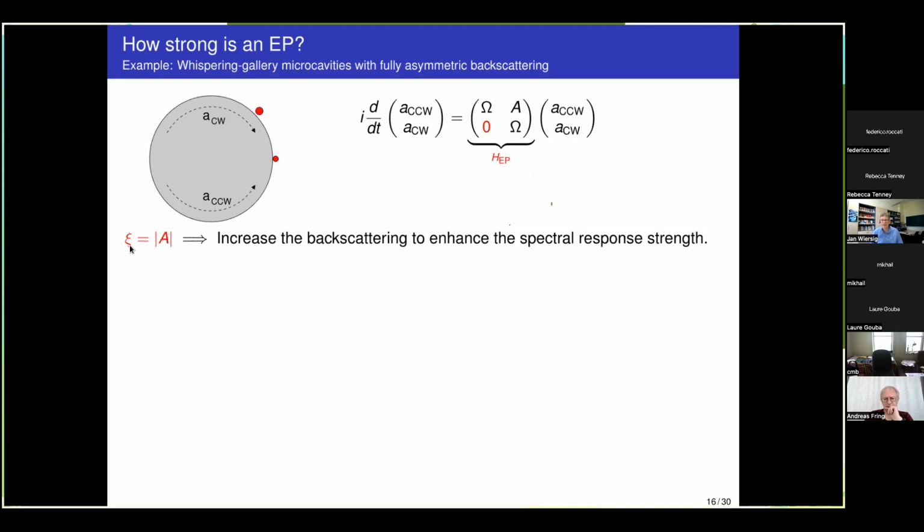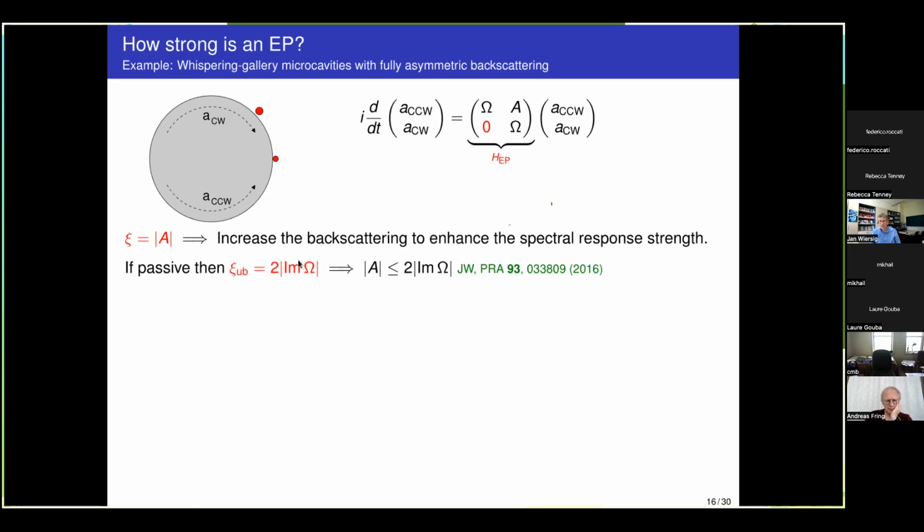You find that psi, the spectral response strength, is just the absolute value of A. It's a very intuitive result actually. That means when you want to increase the spectral response strength of your exceptional point, you have to increase this internal backscatter.